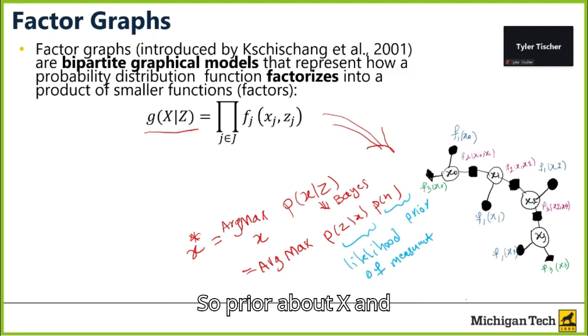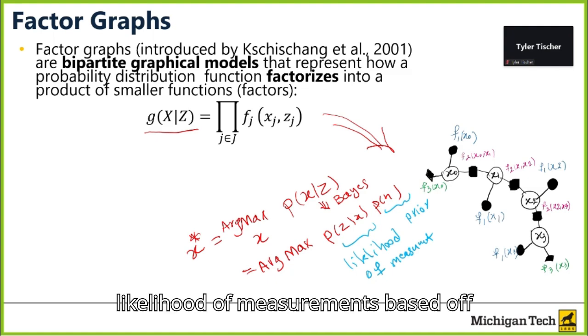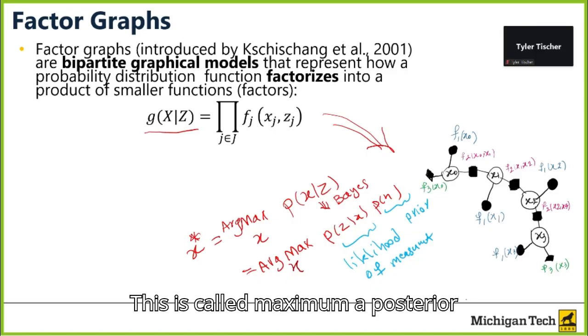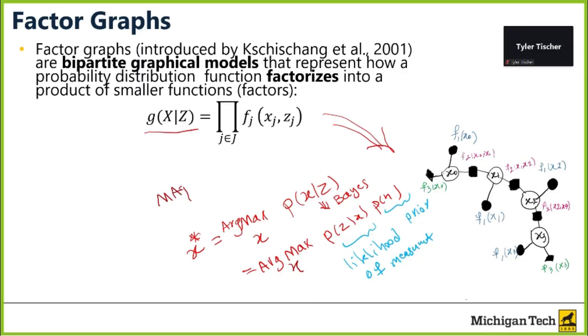So the prior about x and the likelihood of measurements, based on the Bayes formula, this is what we maximize over x. This is called maximum a posteriori estimation, MAP.